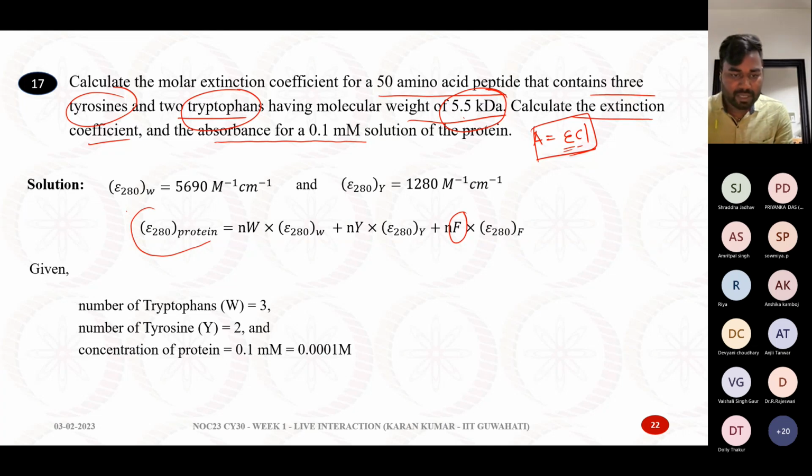Based on that, you can calculate the molar absorptivity coefficient. So here we have 3 tyrosine and 2 tryptophan. The concentration of protein is also given, which is 0.1 millimolar, or 0.1 into 10 raised to minus 3 molar.